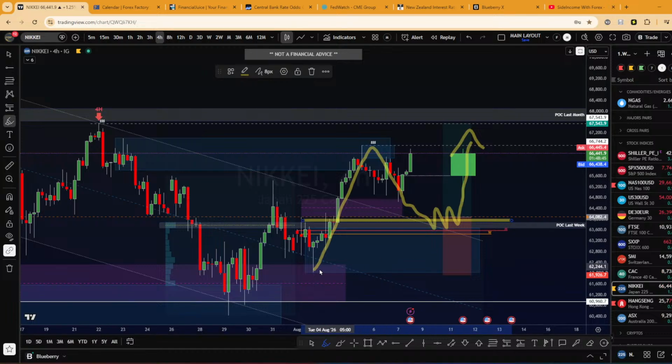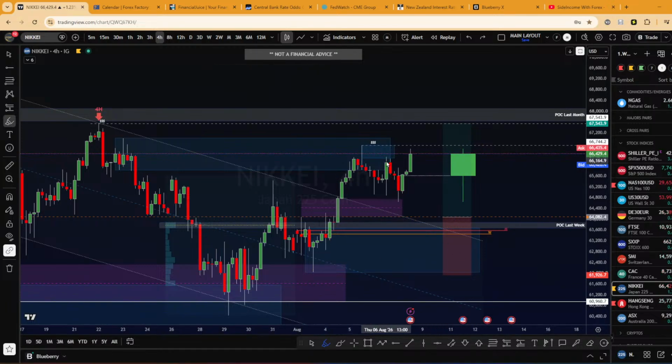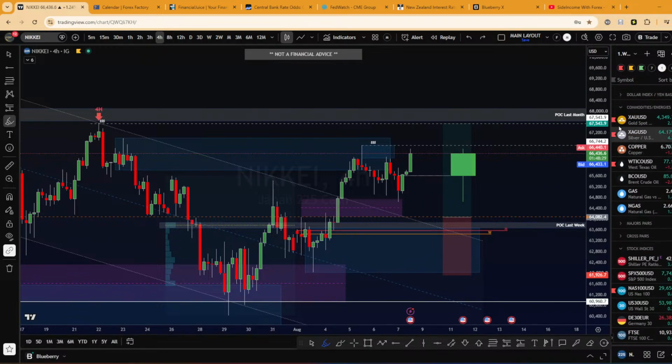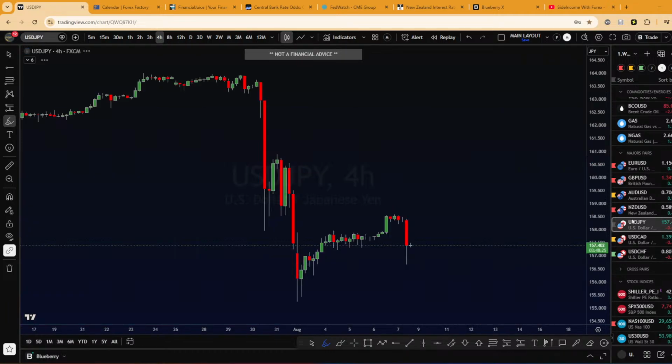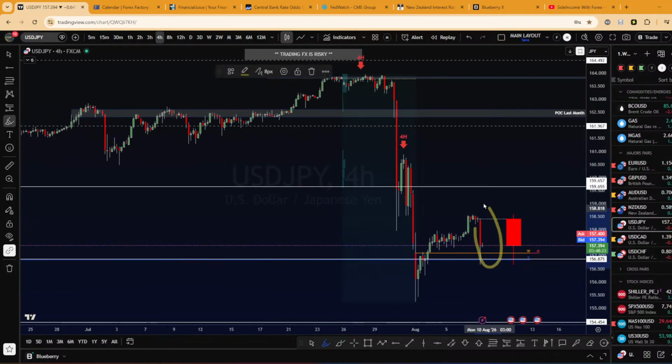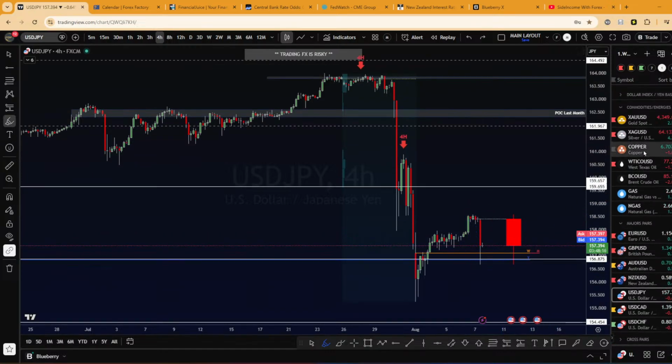I wanted to buy here, but it seems like with this trend and the new NFP reports, we could potentially see a continuation. There's a high chance because if I see, for example, the USD yen, yeah, we are dropping, but yen is still weak. The yen is very, very weak.